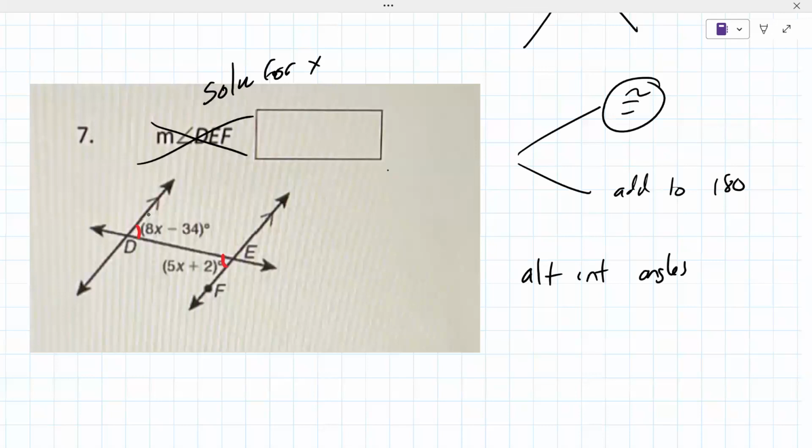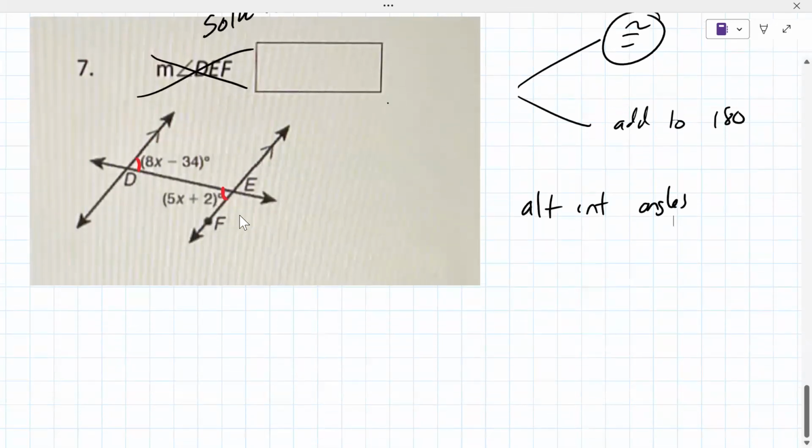Truthfully, if I were given this in a test, I wouldn't even ask you to solve. It would just be like you need to be able to identify these. That's what matters. The solving, I mean, you learned that in your previous course. But because you do have to solve, they are congruent. You're setting the two equations equal to each other. And now this is stuff we did last year.